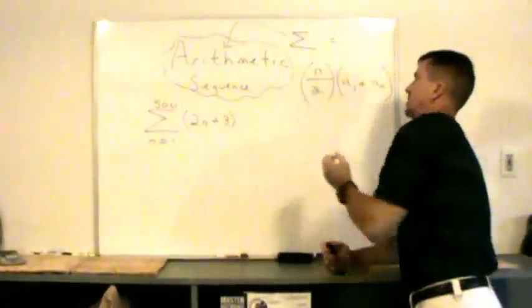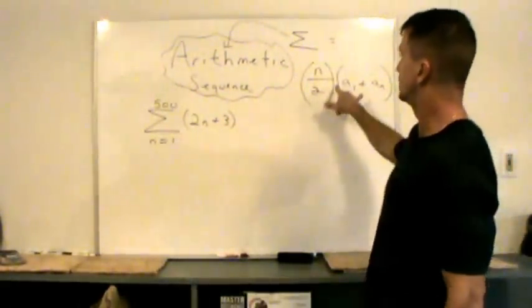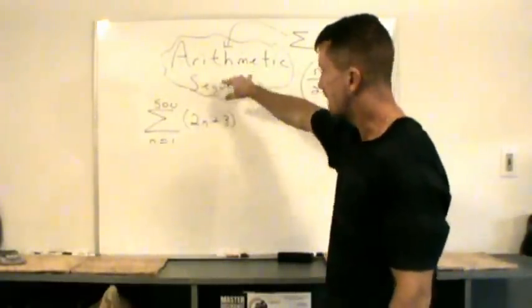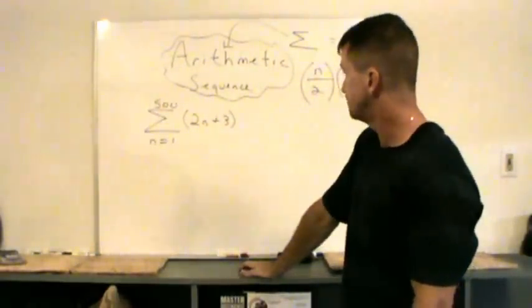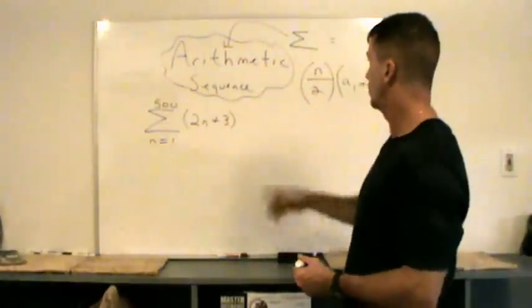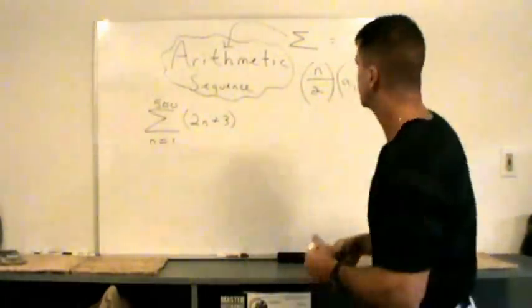I'll put parentheses around that. That's the formula that can be used to find the summation of the terms of an arithmetic sequence. I recognize that this is arithmetic, so let's use this formula because it would take too long the other way.